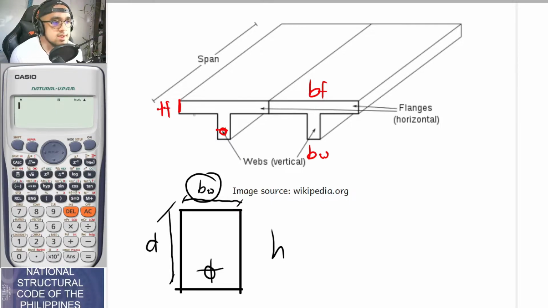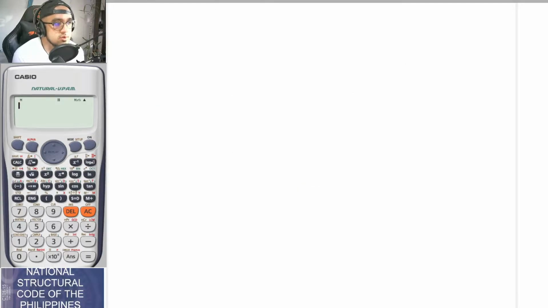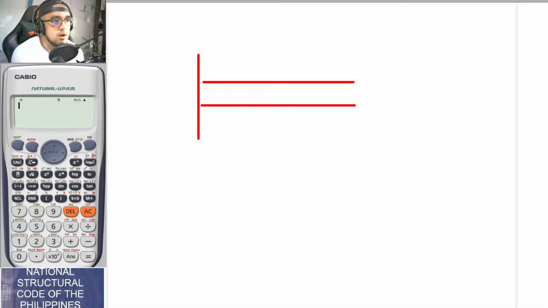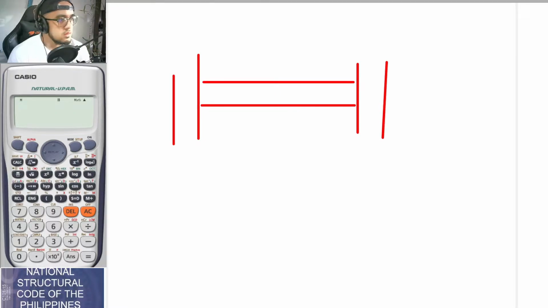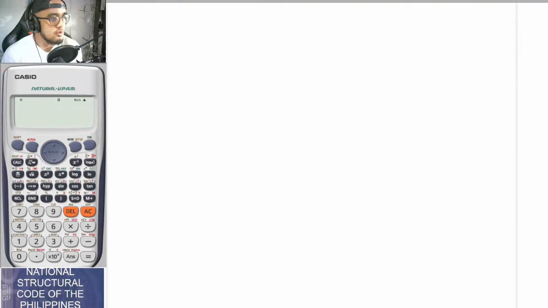But take note, guys, that this is only your depth D if you are having a positive moment. So let's say that this is your beam. I can't draw it properly, so one more time.